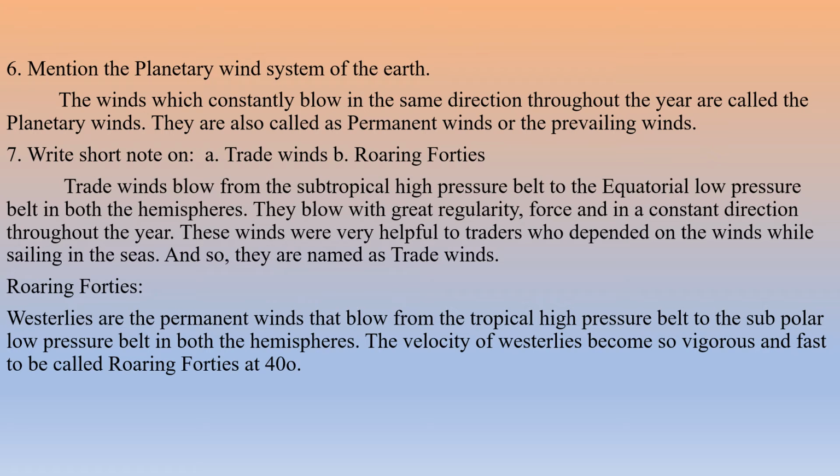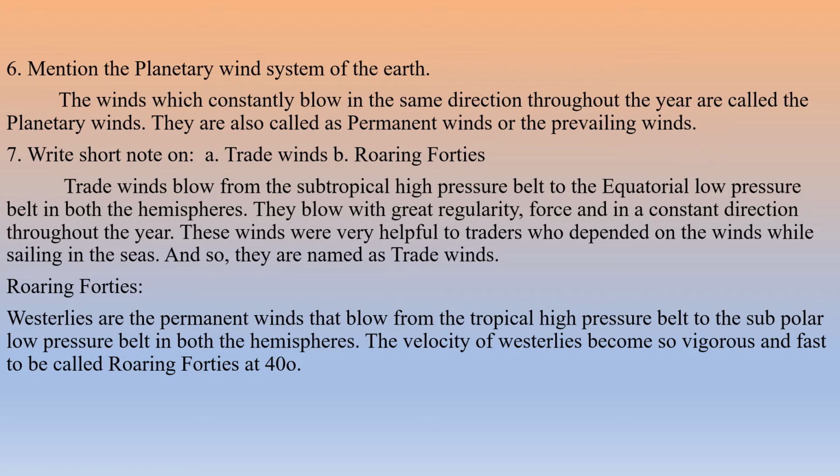The area which is at the equator is called the equatorial low pressure belt in both the hemispheres. You know very well the earth is divided into two hemispheres, northern and southern hemisphere. So it is prevailing in both the hemispheres, subtropical high pressure belt to the equatorial low pressure belt.